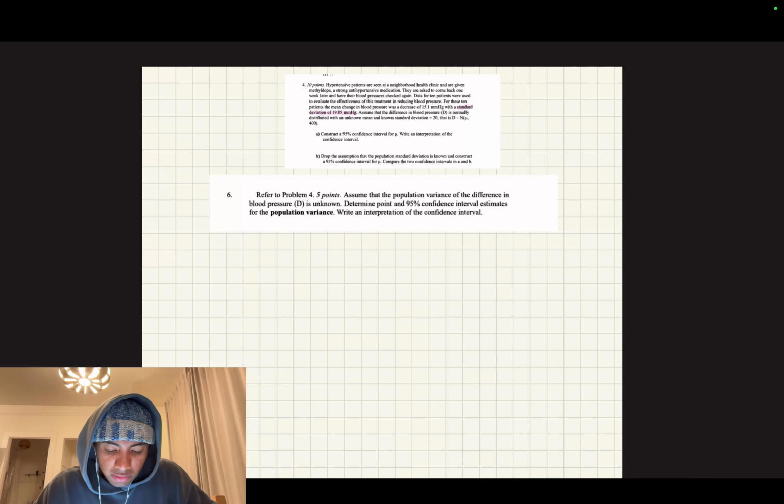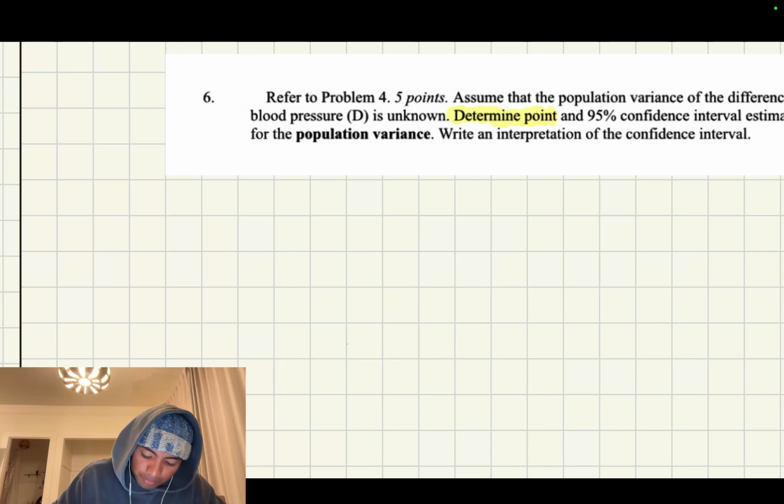Let's do the first thing it's asking us, just determine point estimates for the population variance, where we know that for point estimates, sigma hat squared is equal to our sample variance.